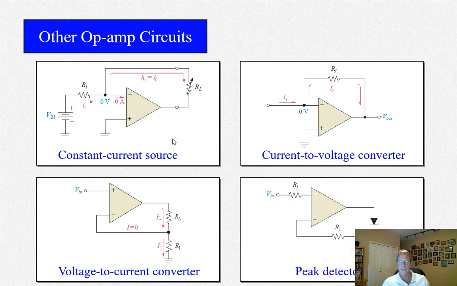And lastly, a peak detector. Okay, so this one we have a diode that obviously passes current only in one direction. So as Vn rises, the output voltage of the op-amp rises and charges this capacitor.